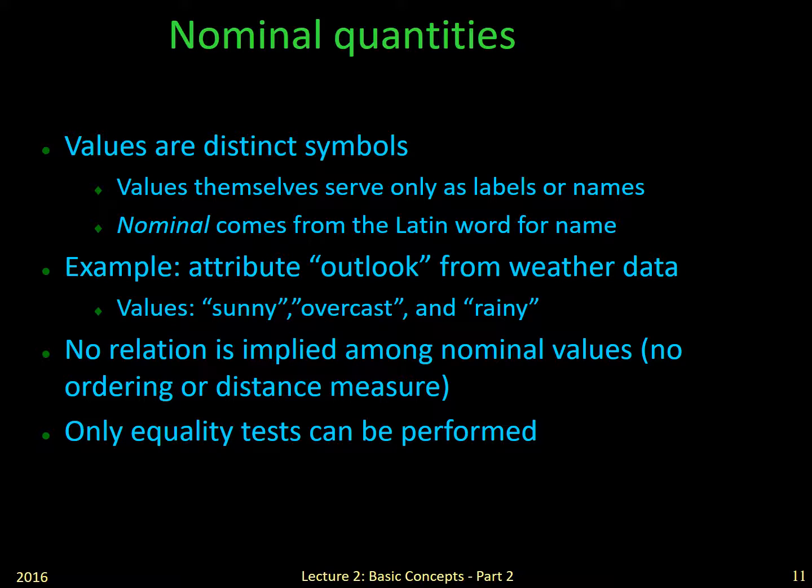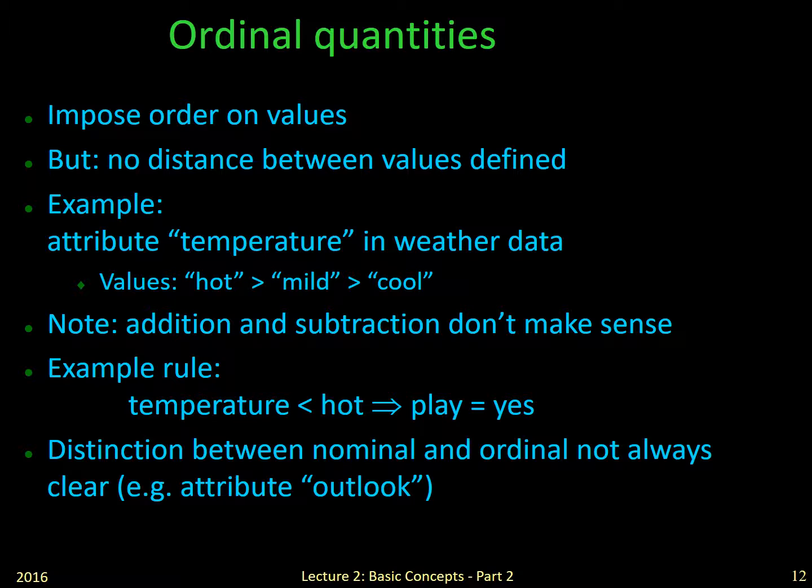Nominal values are labels or names. Quantity might not be the right word for categorical attributes, but this is the word that Weka uses. So we keep in mind that hot is not a quantity, but it can be quantified.